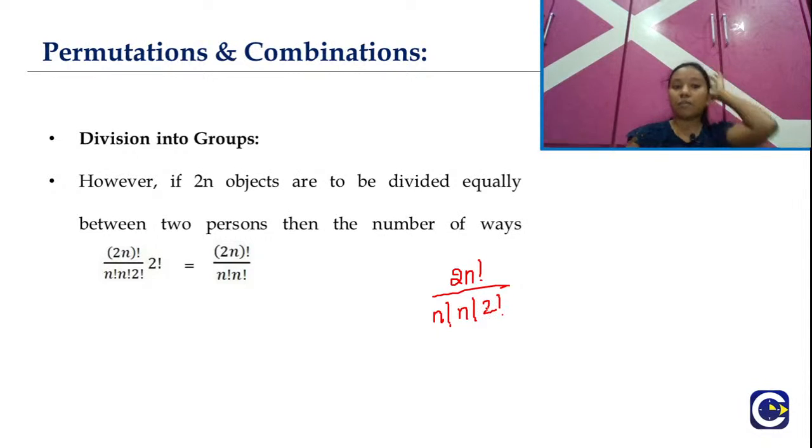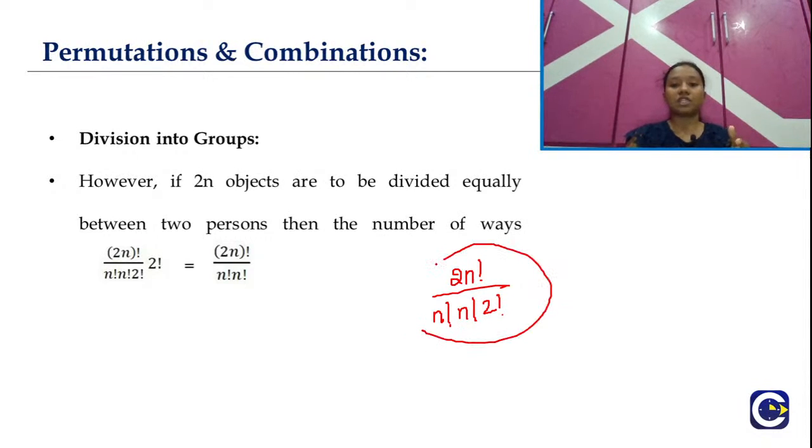But now, after dividing these objects into two groups, we have to distribute them between two persons, so it will be multiplied by 2, that means into 2 factorial.